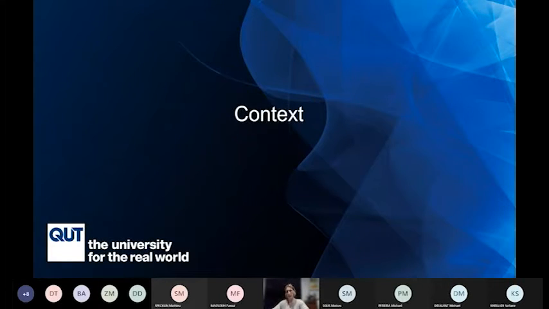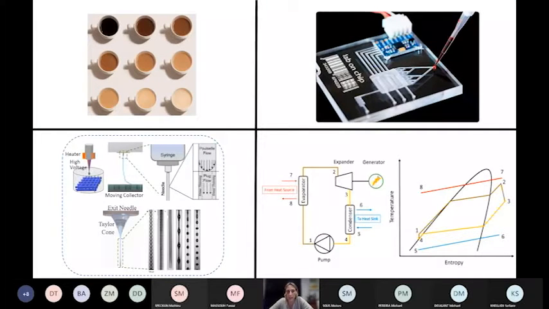So a bit of context, let's move on to what we are looking at in my group. And first of all, what I want to look at is different applications, okay? Different scenarios. So we've got some cups of coffee, black coffee, to, you know, how much milk you want in your coffee, to applications of lab-on-a-chip for disease diagnostics, biological assays, any applications in biology and biomedical engineering.